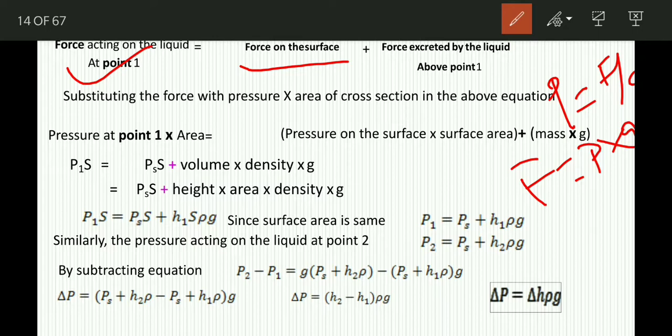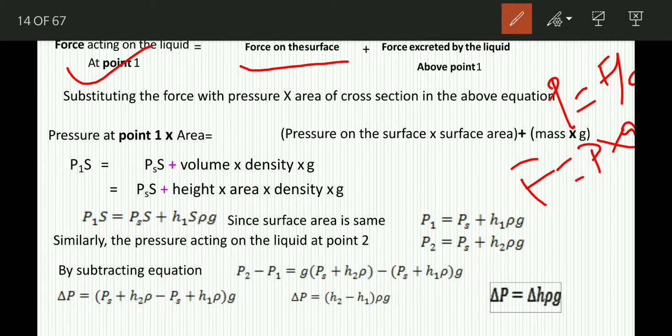So pressure at point 1 is P1 into area, which we denote by S, equals the pressure on the surface PS into the surface area S, plus mass, which is substituted by volume into density. How?